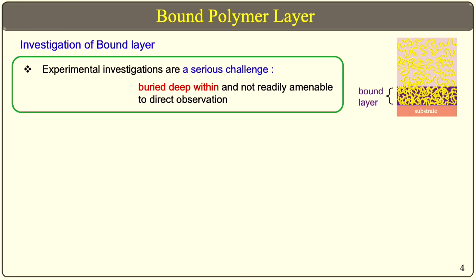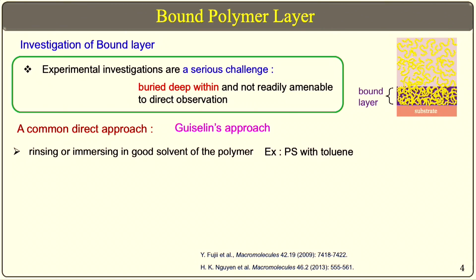As you already see, this film overall is itself in the nanometer range, and determining this bound layer is quite challenging. However, there is a very common approach, known as Guiselin's approach. I'll come back to this again. Initial studies were done on polystyrene in the presence of a very good solvent, which is toluene.